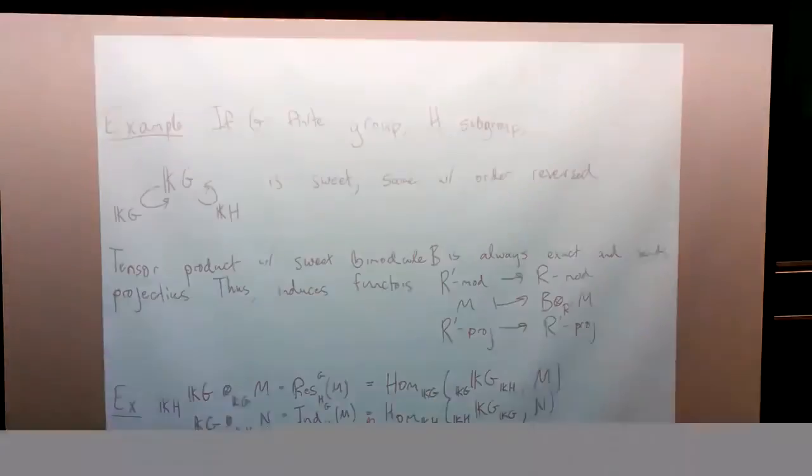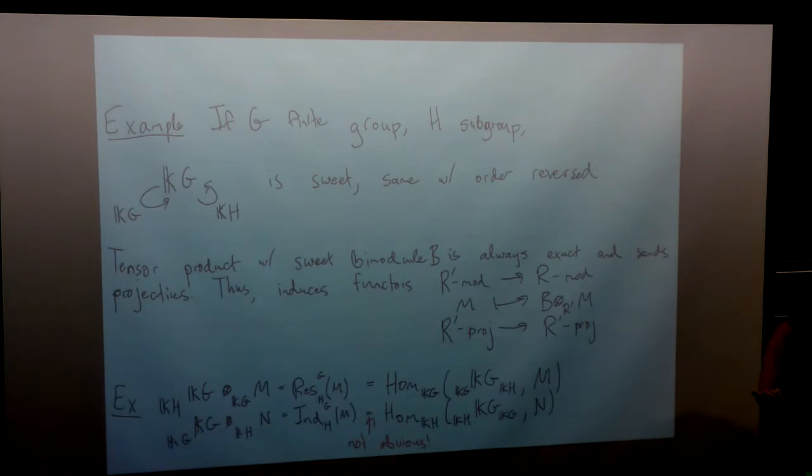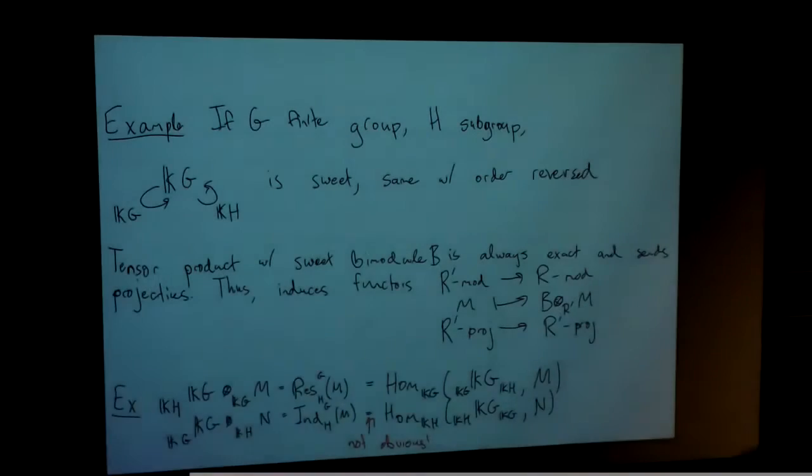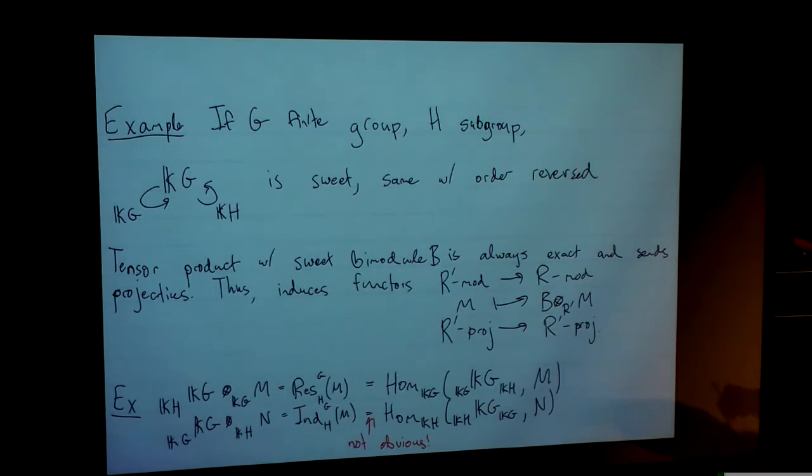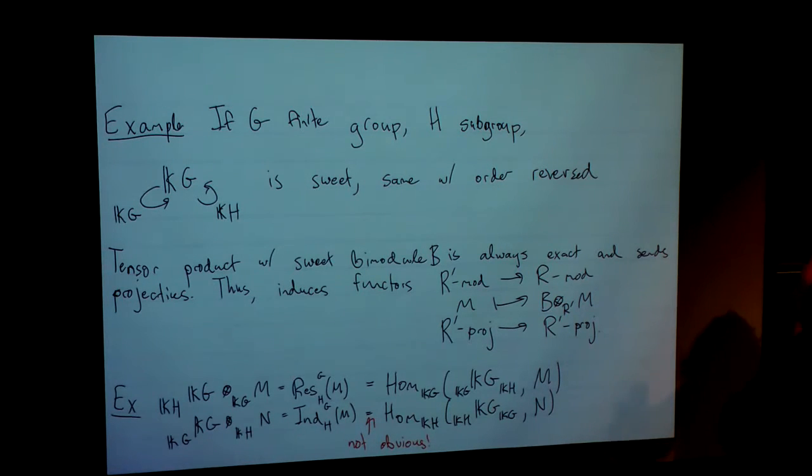A great example of this is if I have a finite group and a subgroup, I can think of the group algebra of the whole group as a left module over itself and a right module over the group algebra of the smaller group.